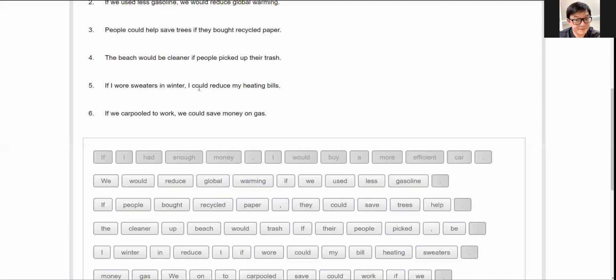Maybe it's a typo, a mistake from the software, the person behind the keyboard programming, okay? But let's continue. The beach would be cleaner if people picked up their trash.